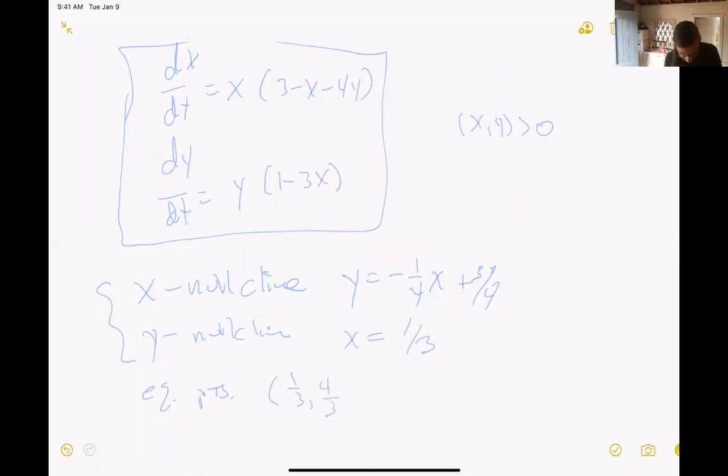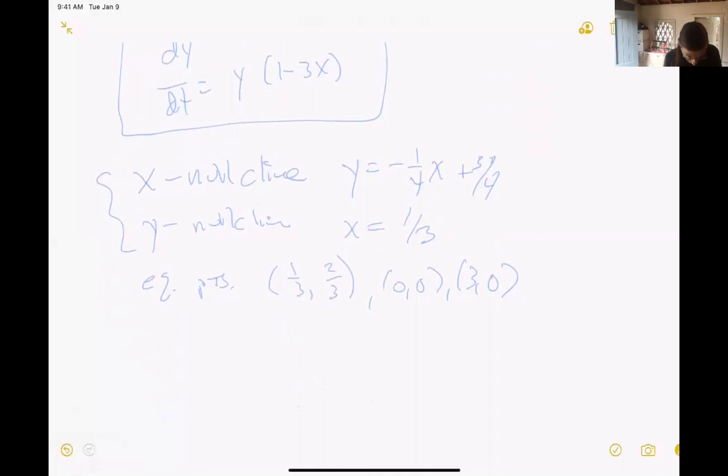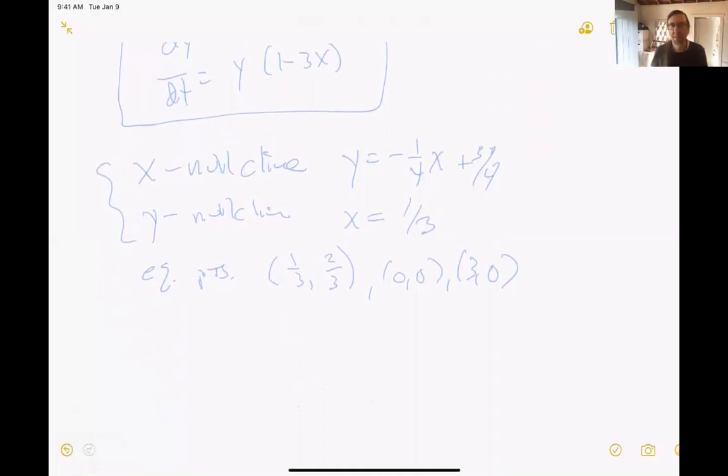Is that right? 0, 0, and 3, 0. I think it's 3/4 for 8/12 instead of 4/3. Or 2/3, sorry, 2/3. That was right, because it's 0.67. Yeah. Oh yeah, 8/12. So 2/3, of course.